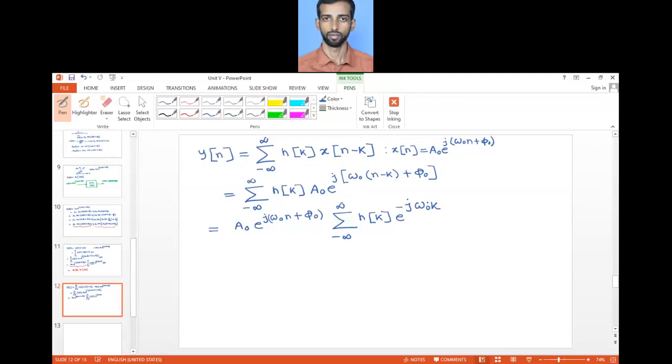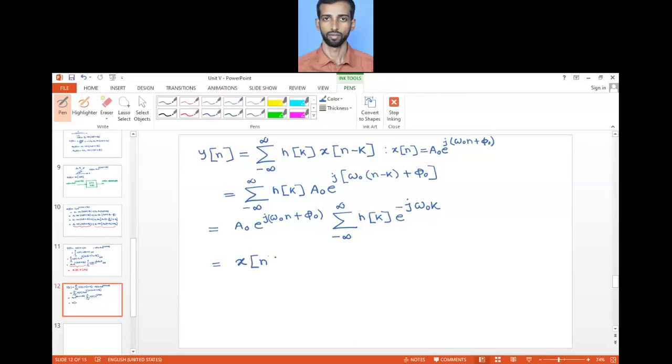Once again, it goes for all k ranging from minus to plus infinity, and it's a function of two different parameters. It's a function of the signal frequency, the digital angular frequency, small omega naught, and it's a function of the system to which you have applied the signal. So once again, you are getting the signal back.